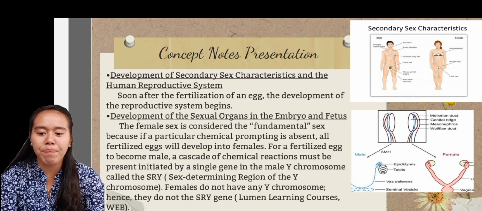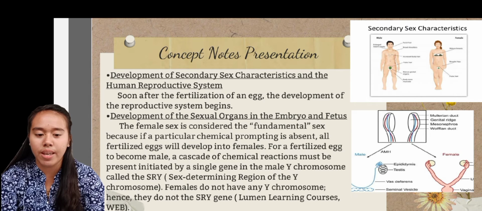Next, development of the sexual organs in the embryo and fetus. The female sex is considered the fundamental sex because if a particular chemical prompting is absent, all fertilized eggs will develop into females.